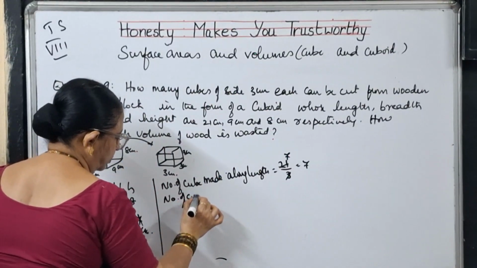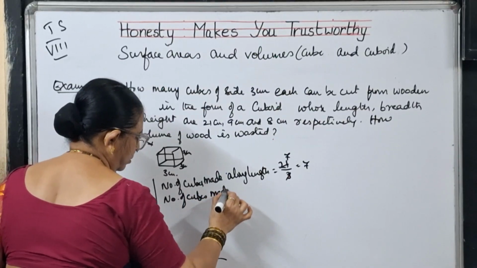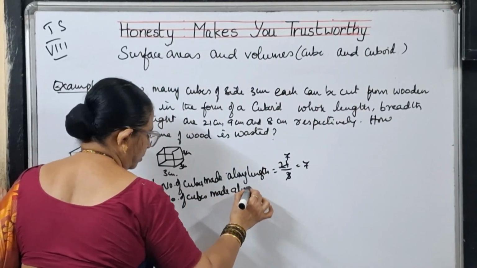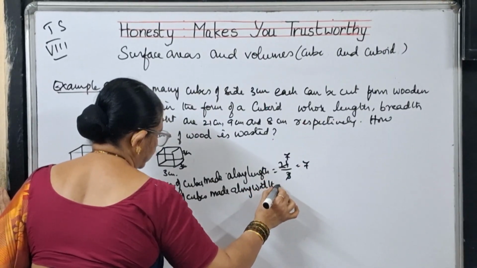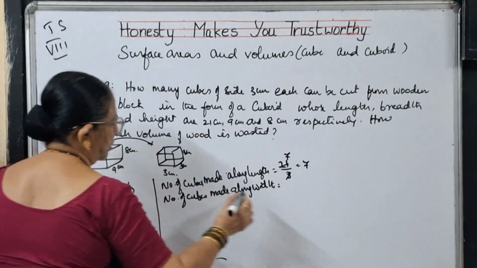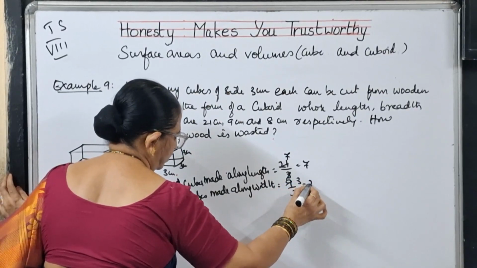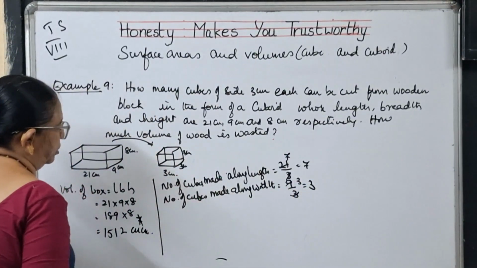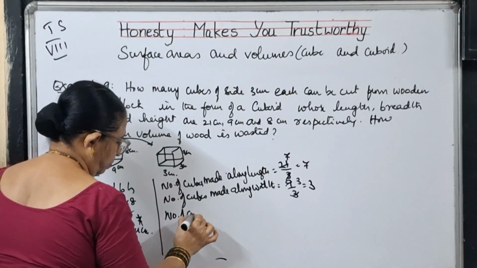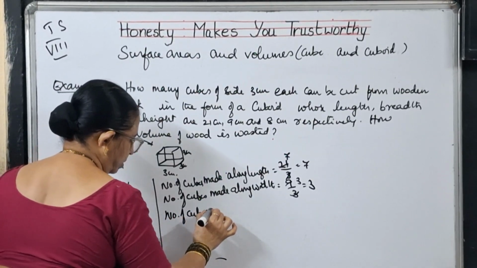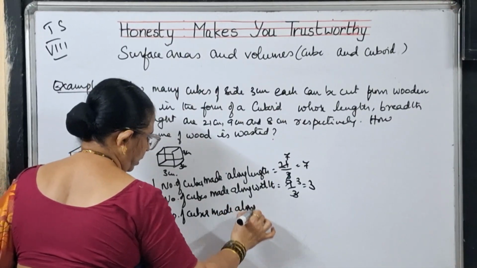Number of cubes made along width. Width is 9. So 9 by 3, 3 cubes can be made. And number of cubes made along height.